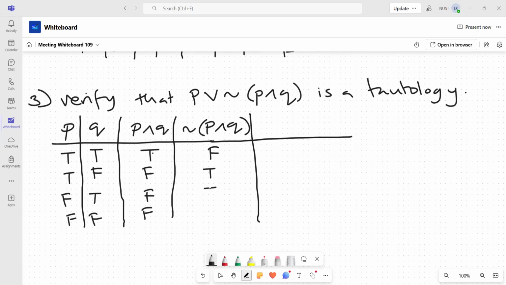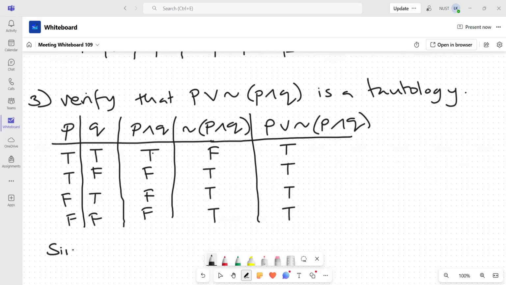This is true, true, true. And then P or not P and Q. Here, one of them just needs to be true. So this one is true, that is false. This is true. They're both true. These two are true, so this is true.